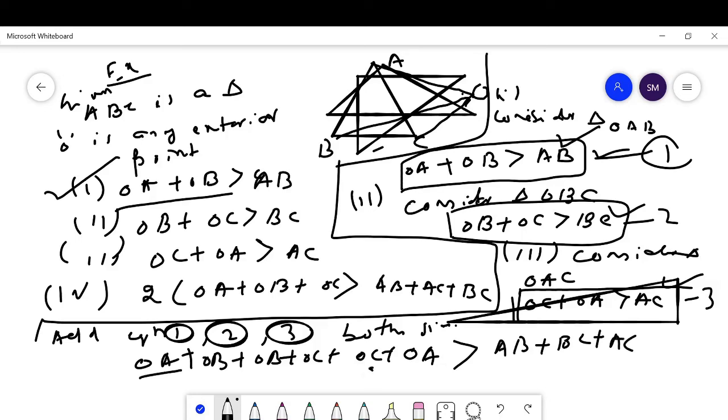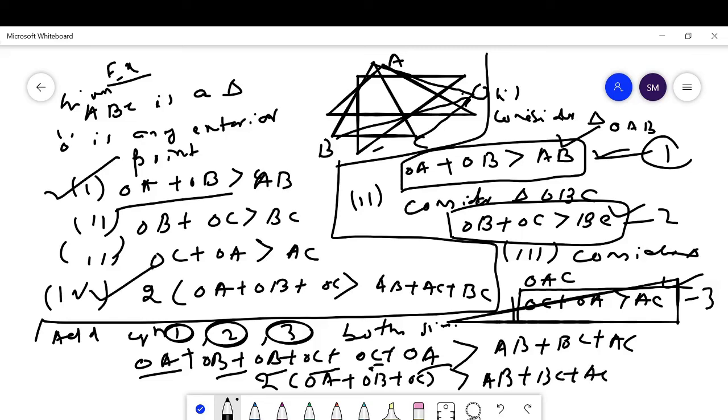That is OA, 2 OA, OB, OB, 2 OB, OC, OC. Then taking 2 common, 2 into OA plus OB plus OC is greater than AB plus BC plus AC. Here we proved the fourth condition also. This is the triangle inequality property.